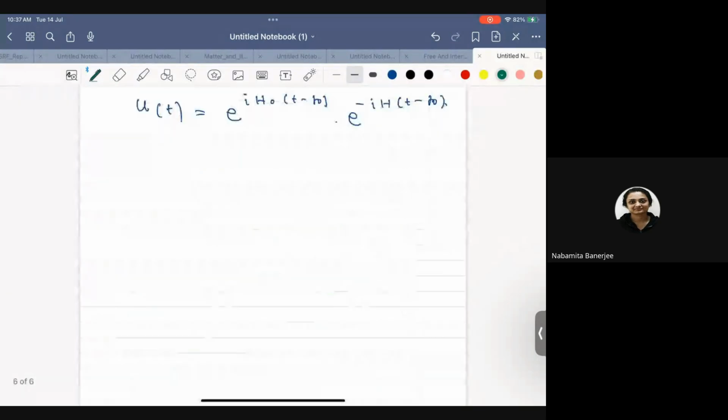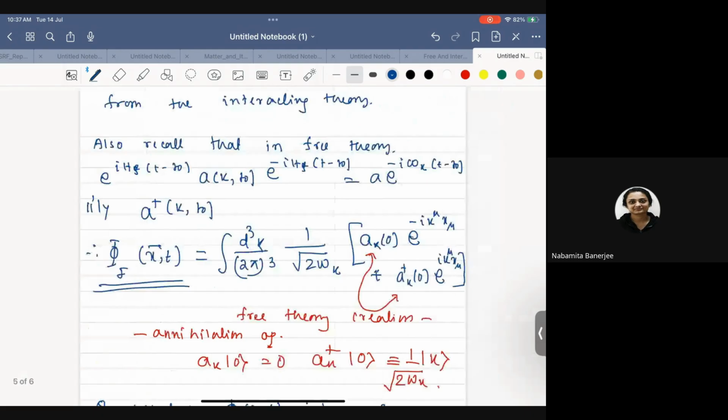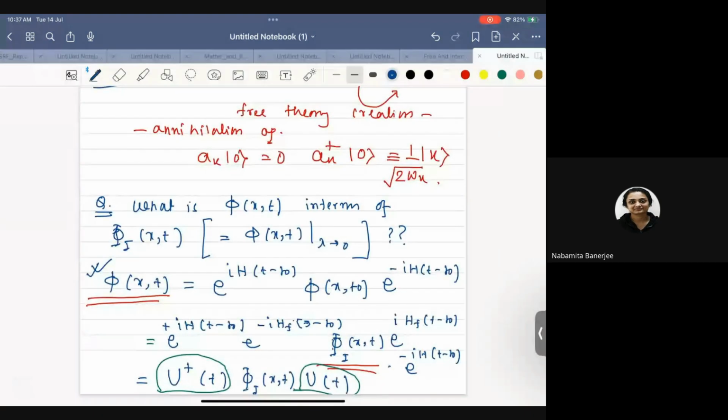U is a product of two operators, where H_0, I'm sorry, I am writing H_F, sometimes I just write it as H free. U contains both the energy operator H_F as well as H. But if I can understand this time evolution operator better, then that is what will give me an operator in my interacting theory, φ(x,t), from the information of an operator in the free theory, which is φ_I(x,t).